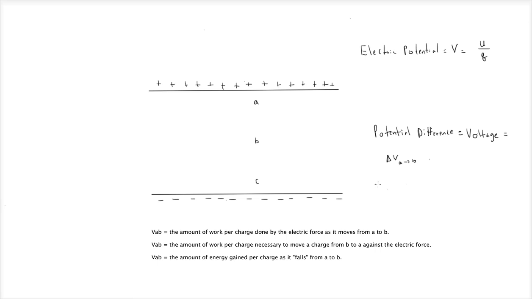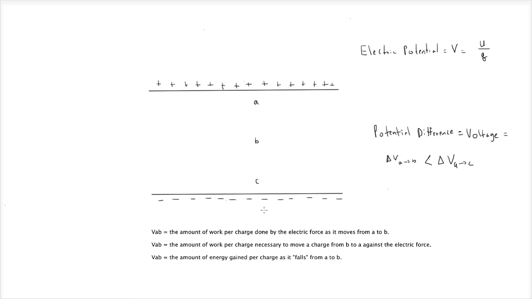As the difference increases, the difference from A to C being higher, we can say that the voltage from A to B is less than the change in electric potential from A to C. What that means is that from A to C, a charge will pick up more energy, kind of like it's falling more.